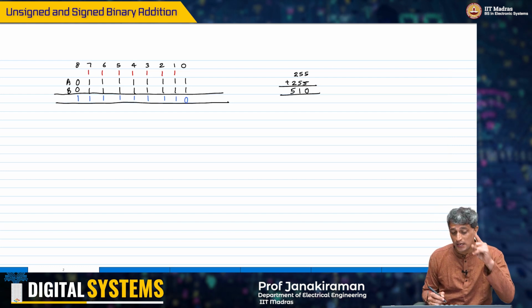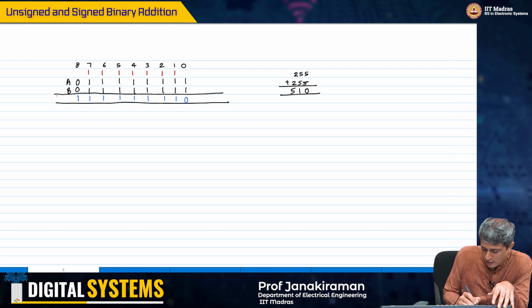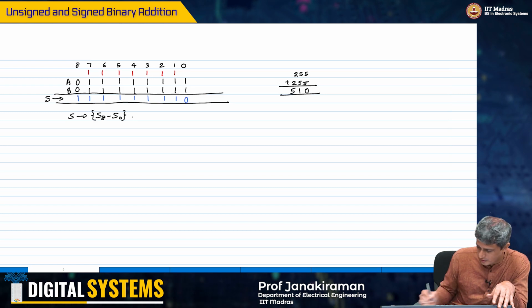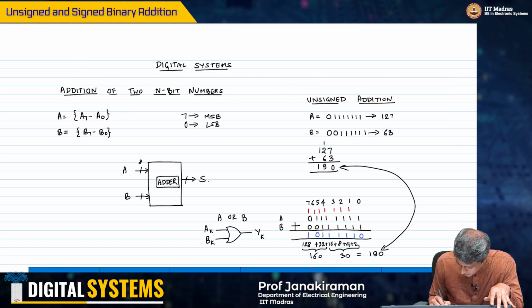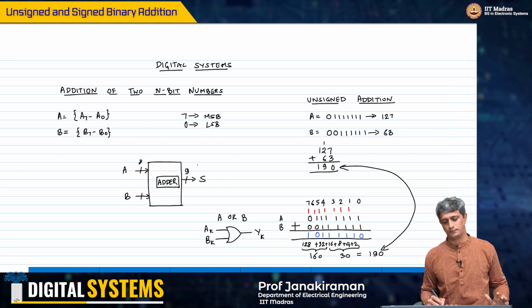For signed numbers, that's a different story altogether, and therefore your sum is going to be S8 to S0, and therefore this is 9 bits. You need the sum which is S8 to S0, or I will just say 9 bits here.